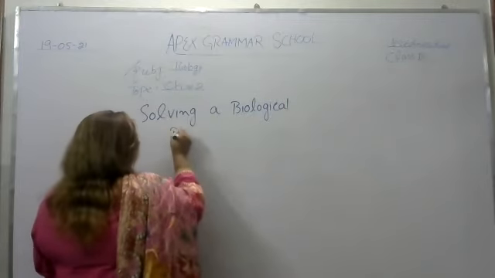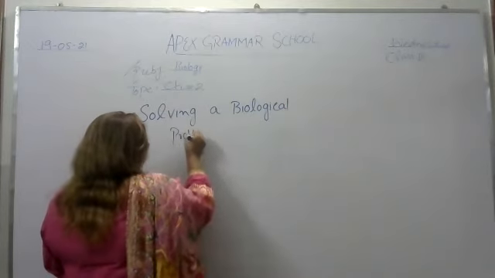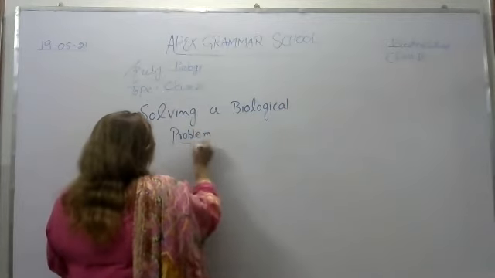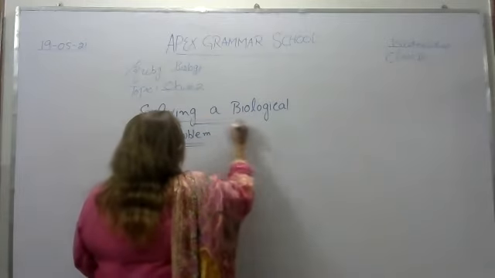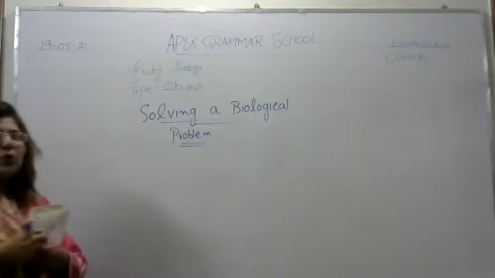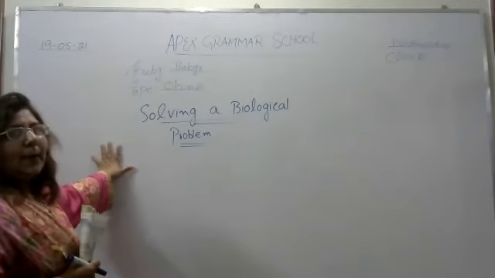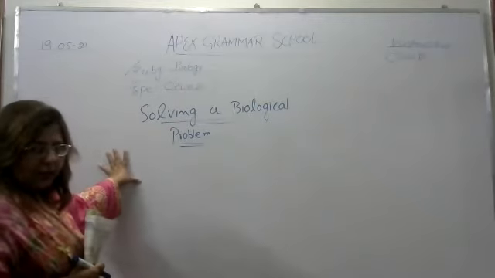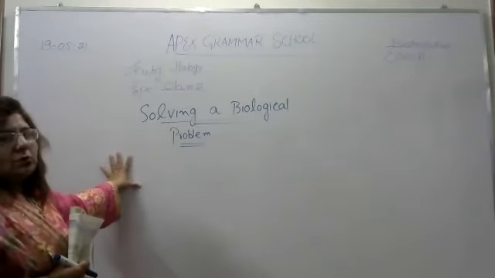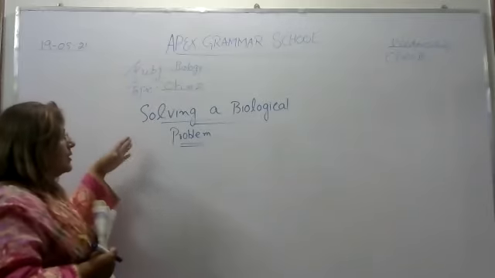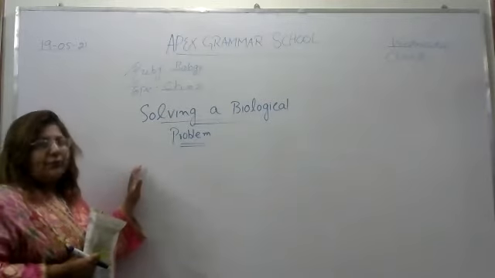As this chapter name shows us, in this chapter we will discuss how biological problems are created and how they are solved. What is their method? How can we solve this problem?